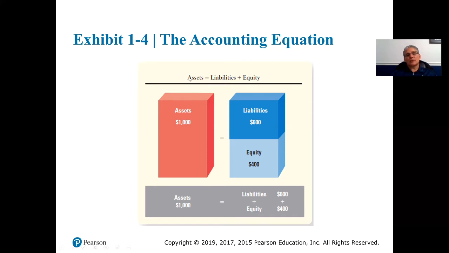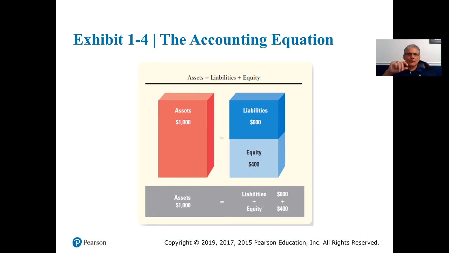In other words, it's something that you can purchase, use, and then even after using it, you may still have value that you can turn around and sell. So the obvious example would be a vehicle. Most of you buy vehicles. When you buy that vehicle, that is an asset. Why? Because it has future value.